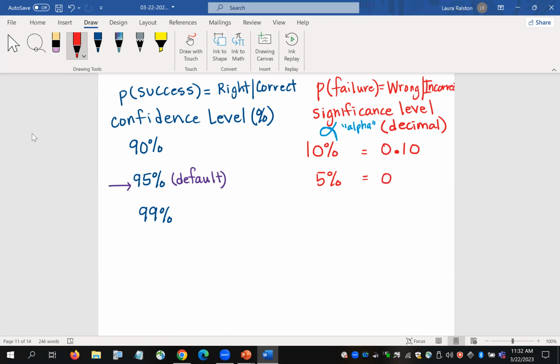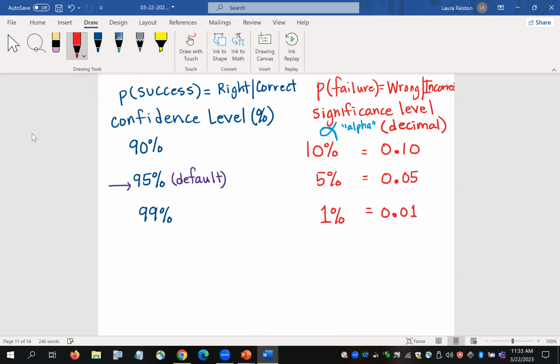As a decimal, that's 0.05. If my confidence level is 99%, my significance level is 1% because 99 plus 1 is 100.